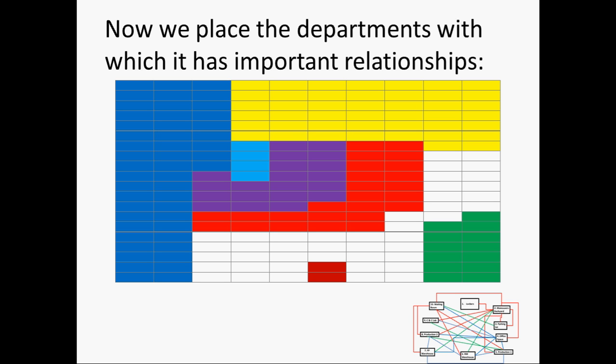All of these departments are the ones that have important relations with production number 2. These important relations are relations type A, type E, and type X. And we have this layout up until this moment.